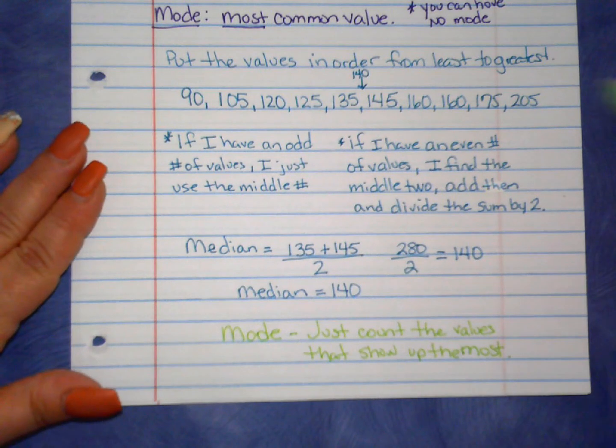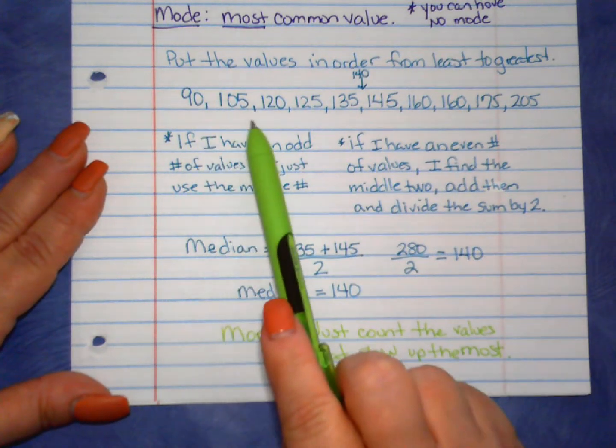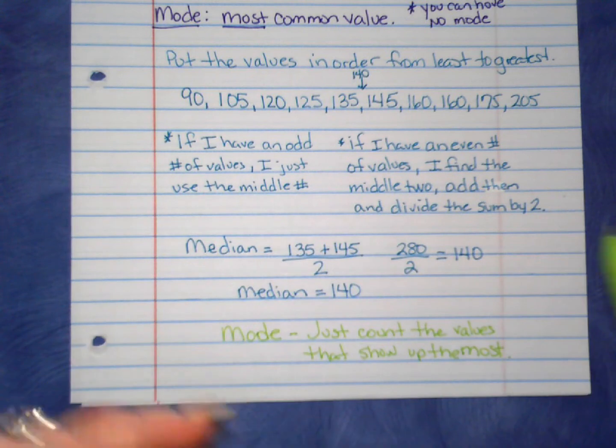Okay, so I don't have another 90, and it's kind of easy to see when you put them in order like this. That's why this is really important. It's making your life easier finding the information.